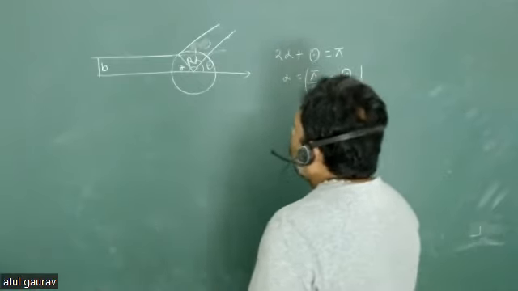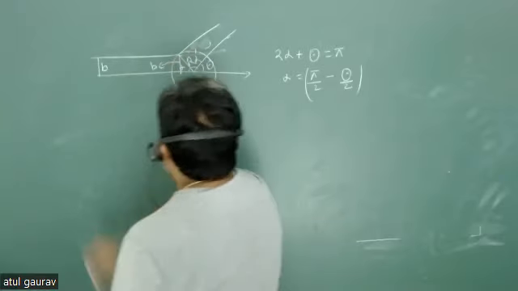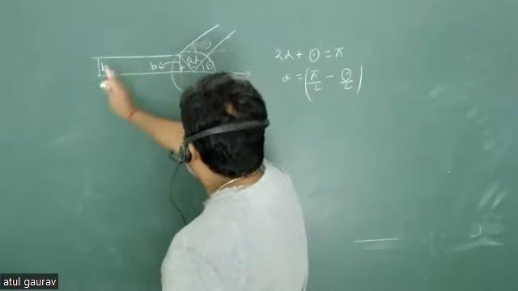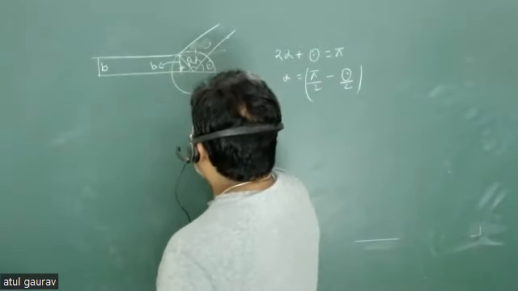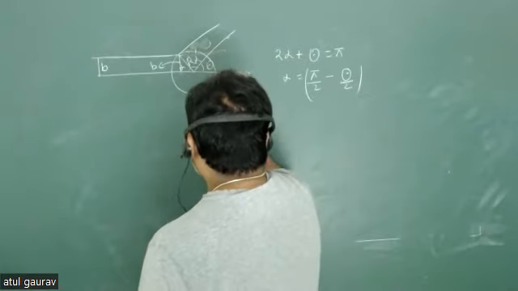So can I say this distance is also b? Yes, because they are parallel. So I can write b by R is equal to sine alpha.